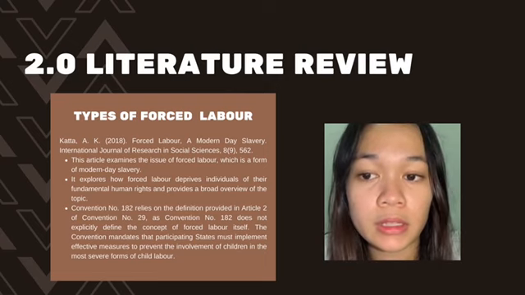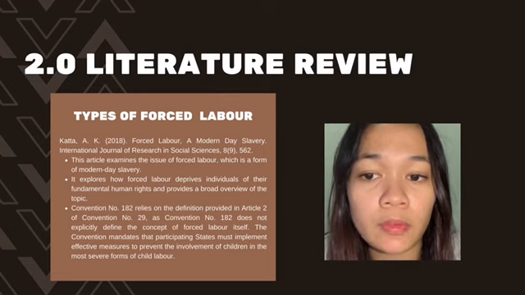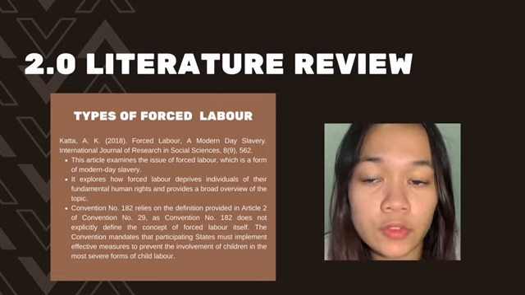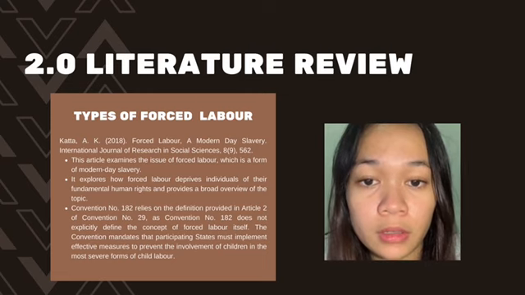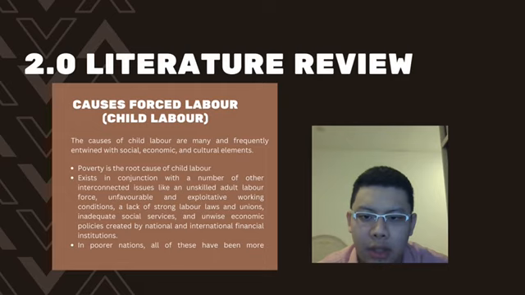The Convention mandates that participating states must implement effective measures to prevent the involvement of children in the most severe forms of child labor. The causes of child labor are many and frequently entwined with social, economic, and cultural elements.